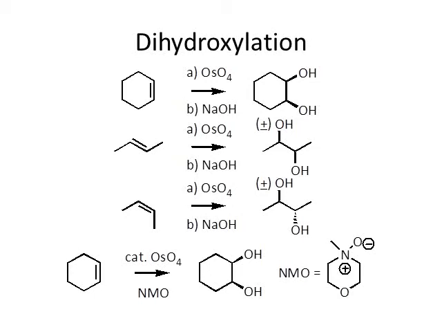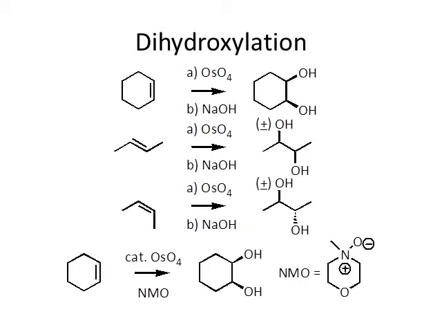Finally, I just want to point out that there are other variations on this reaction, and probably the most important for us is that this reaction can be done catalytically. Instead of using a lot of osmium, that is 1 mole of osmium for every 1 mole of your alkene, you could use a catalytic amount of osmium, and that's going to be good for green chemistry purposes, because osmium's a metal.